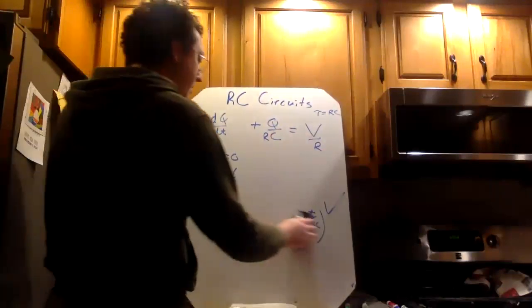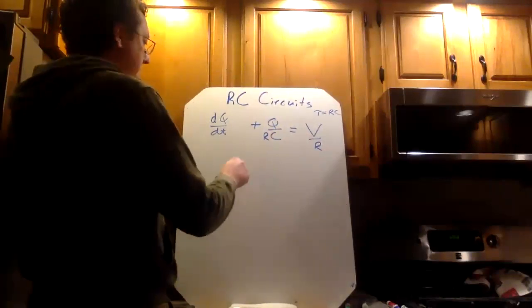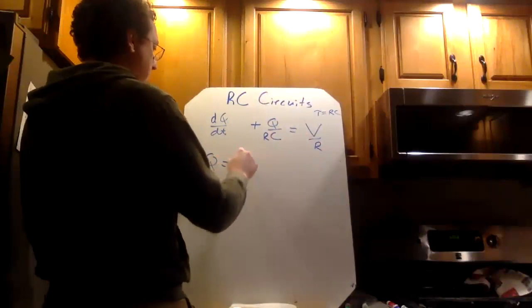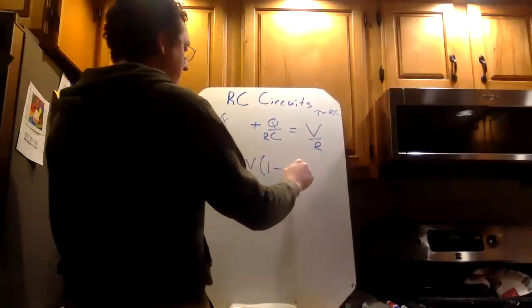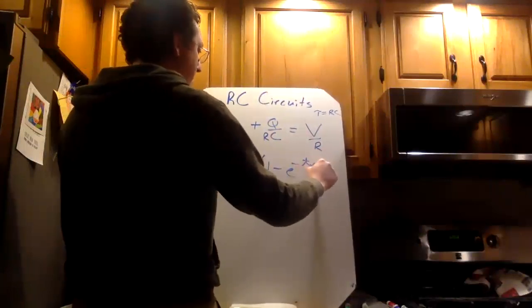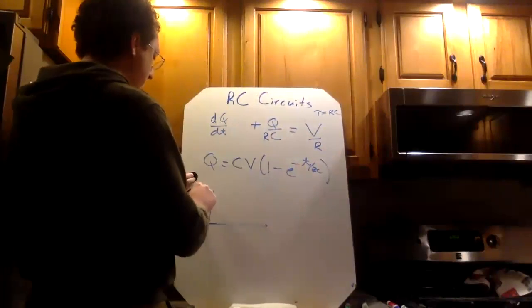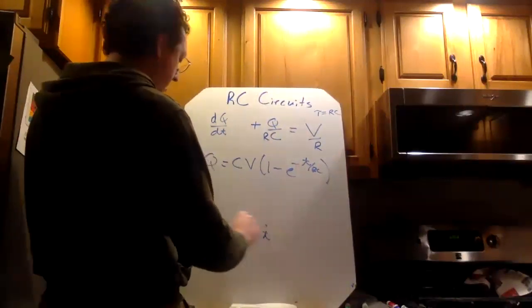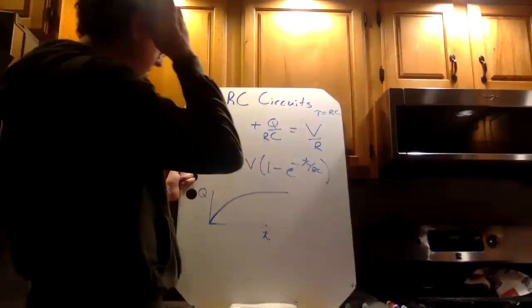So what does that mean? If you plot Q equals C times V times 1 minus e to the minus t over RC, this is the charge on the capacitor. It starts at 0, and then it eventually becomes constant.